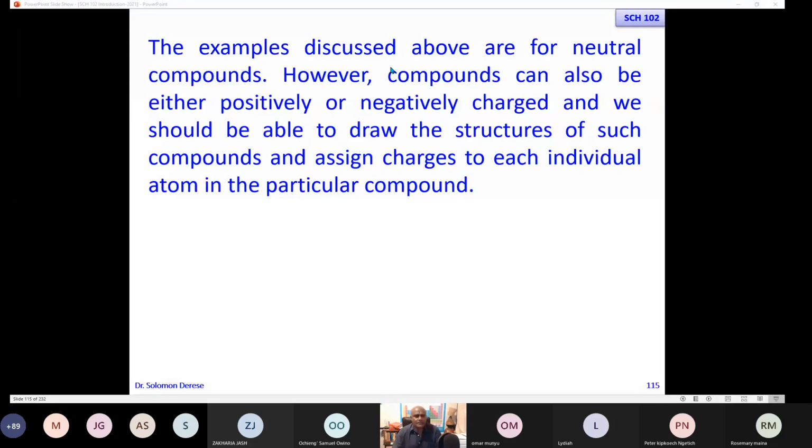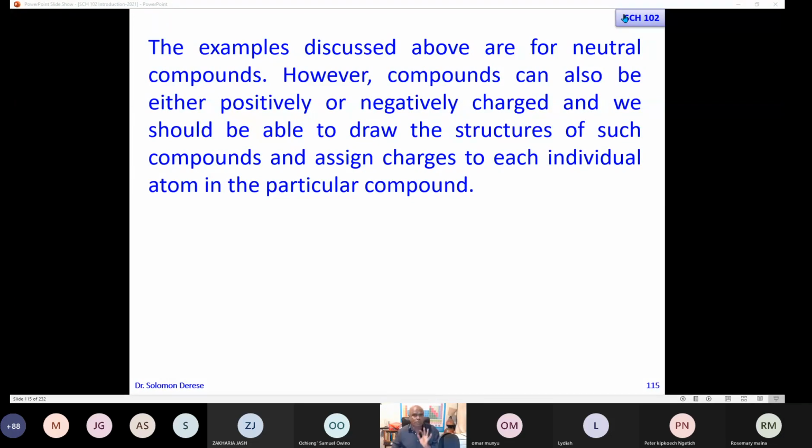Except this time, we have to determine the charges on each of the atoms, so that we know which particular atom in that molecule made it have a +1 charge, a +2, a -2, or a -3. Which are the atoms that contributed to the charge you see in that molecule?